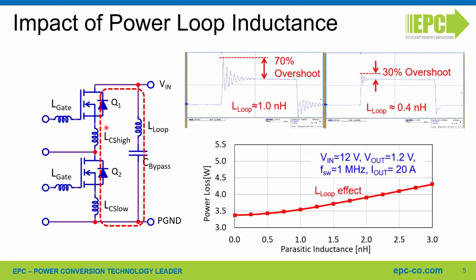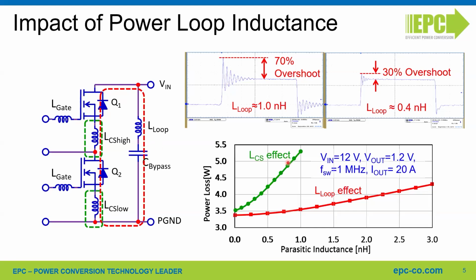The effect of this is worse EMI, higher voltage stress on the device, and the circuit can also be more susceptible to parasitic oscillations, including in the gate circuit, and be damaged by this.